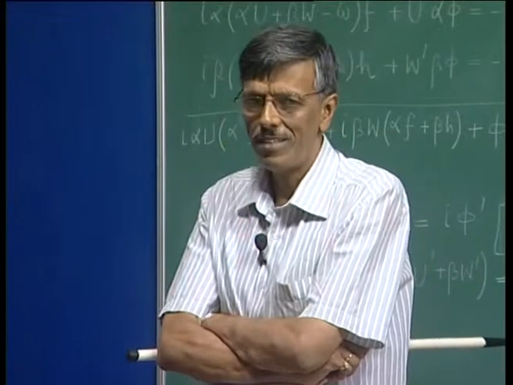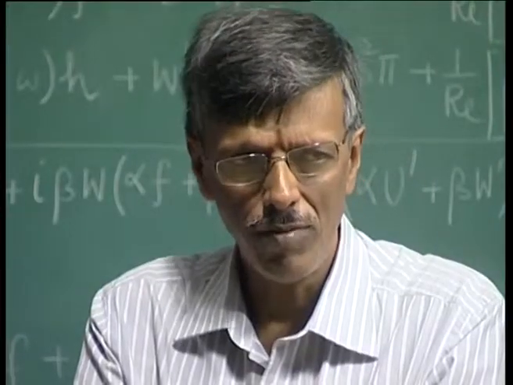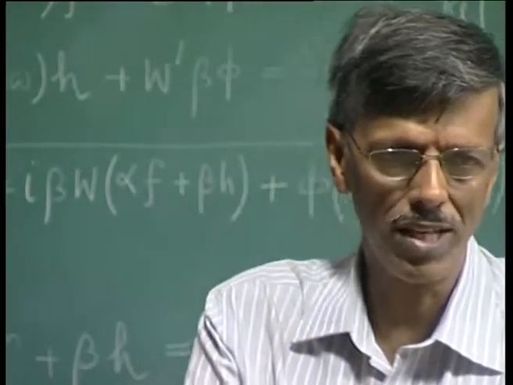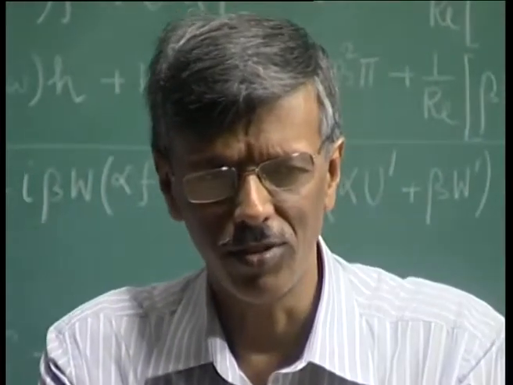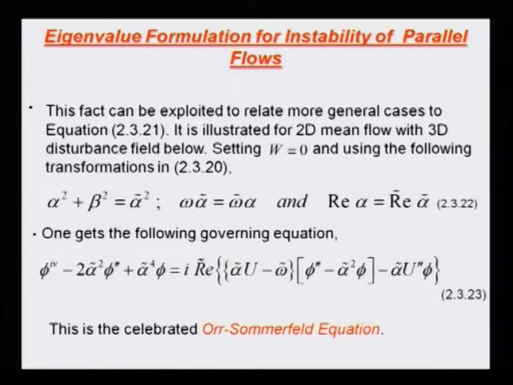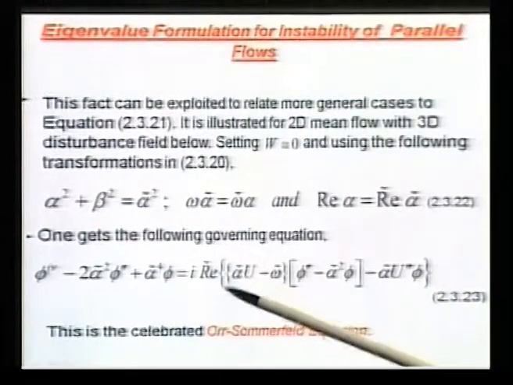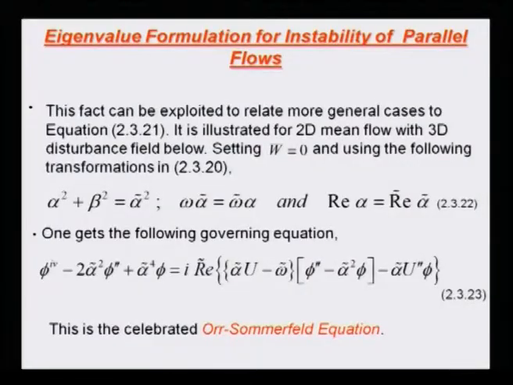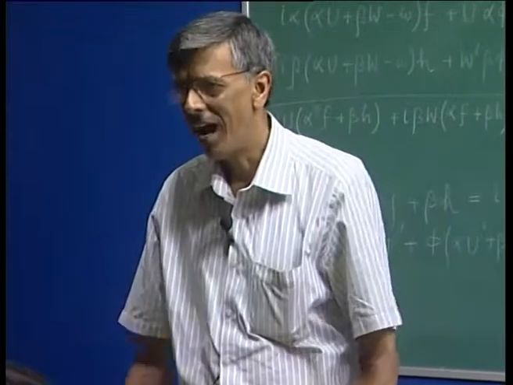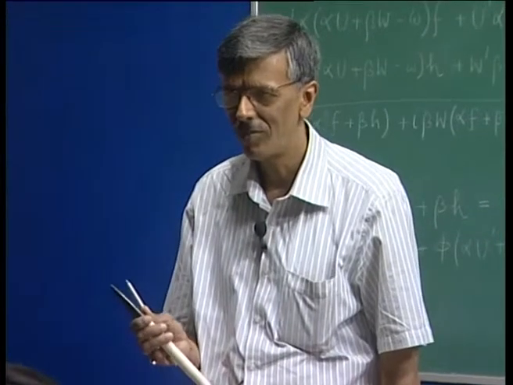Re tilde is nothing but Re into alpha by alpha tilde. Since alpha tilde in magnitude is greater than alpha, Re tilde is going to be less than Re. So, if I now find a critical Re tilde, let us say it is 500, the corresponding Re for the 2D flow will be more than that.